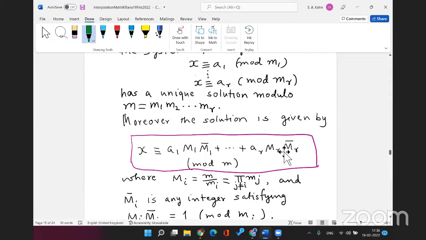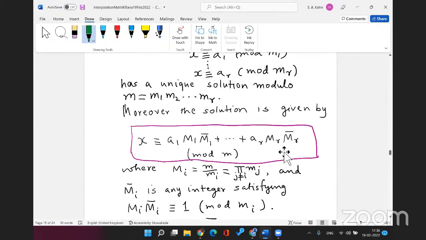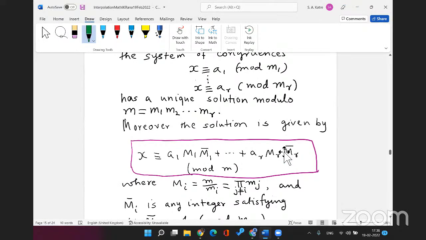What are these capital Mi? Capital Mi means take the product small m of m1, m2, ..., mr and divide by small mi. So capital Mi is m upon small mi. That means it is the product of all other numbers, product of mj, j not equal to i. So that is capital Mi.